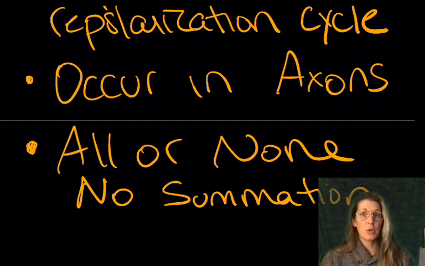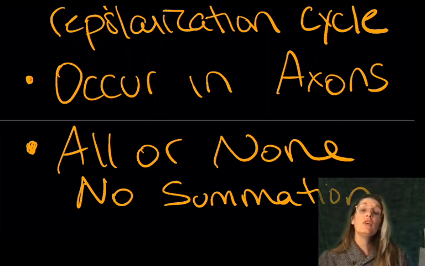So the next question is, okay, if all we're doing is triggering an action potential, and that action potential is a wave that's going to go down the length of the axon, why does bright light hurt our eyes whereas dim light doesn't?